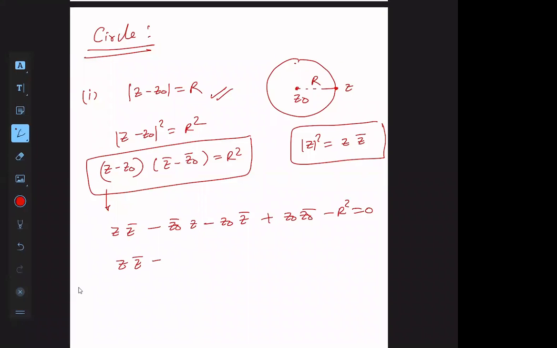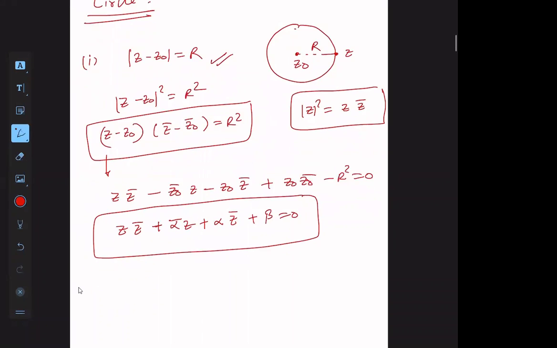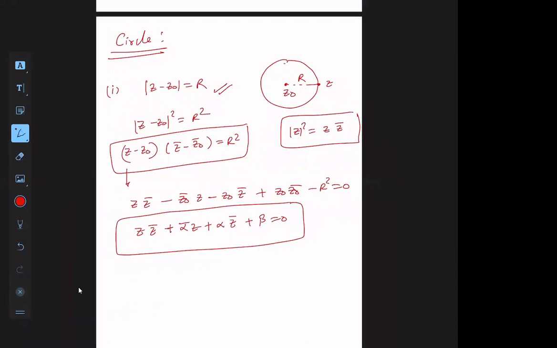Sometimes they write alpha z plus alpha bar z plus alpha z bar plus beta is equal to 0. So this is the equation of the circle in standard form.